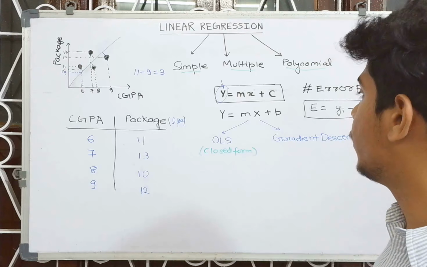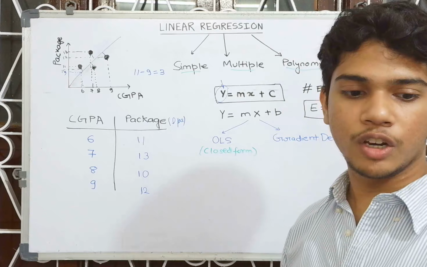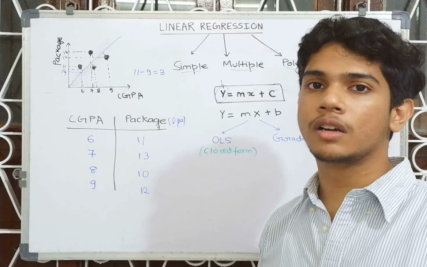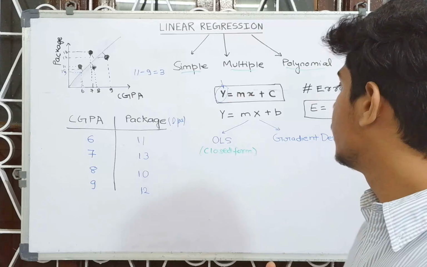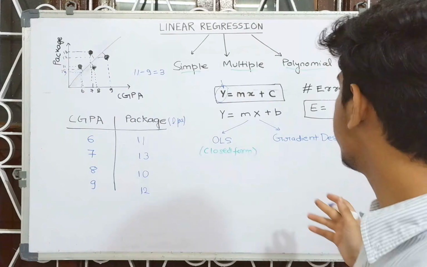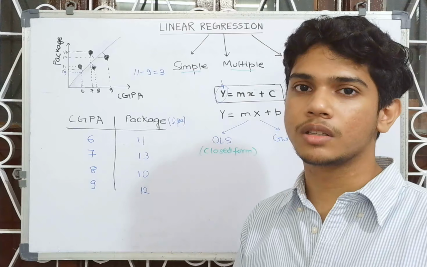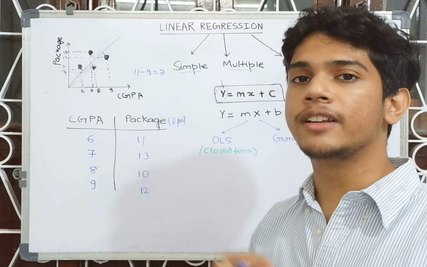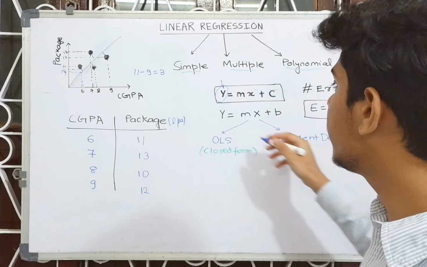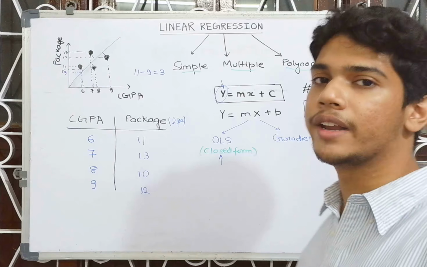It is a closed-form solution. What is a closed-form solution? Closed-form solutions are those equations which are direct to solve. We can solve them directly and get the solution right away. But gradient descent is something else. Gradient descent involves a step-by-step process, and we gradually reach the final solution. But we are going to first solve it using the OLS method, which is ordinary least squares.